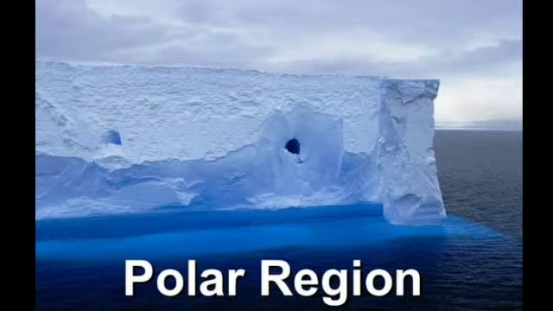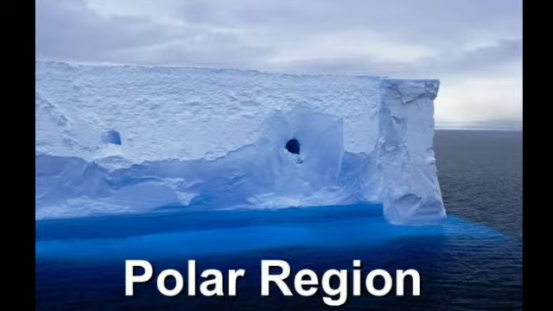So student, do you know in a polar region the temperature is always around 0 degree. Sometimes it goes to minus also. It's freezing over here in the polar region. You can see snow throughout the year. Why, student?